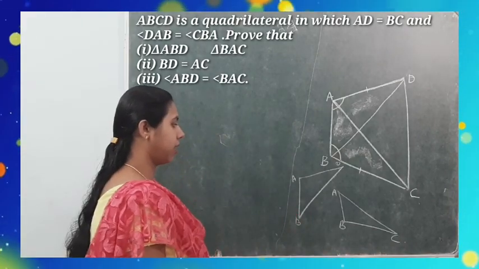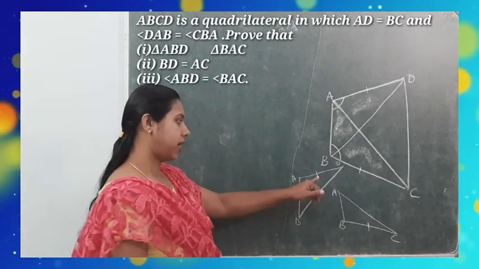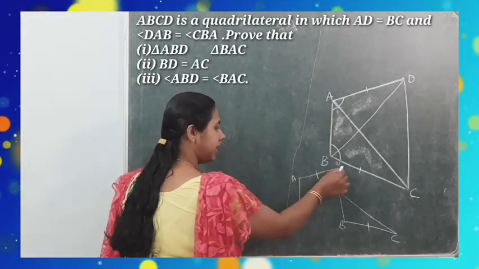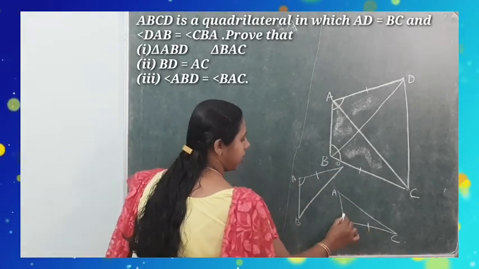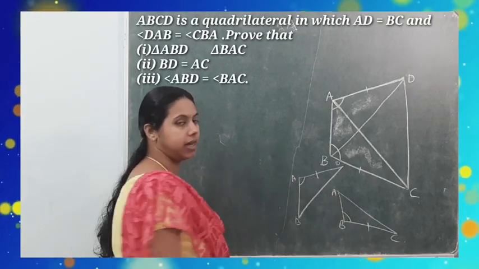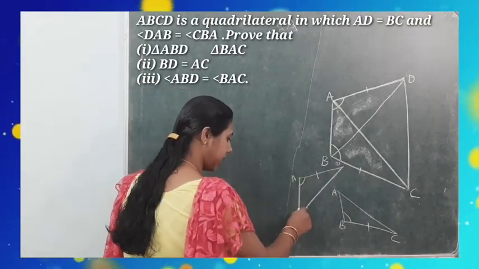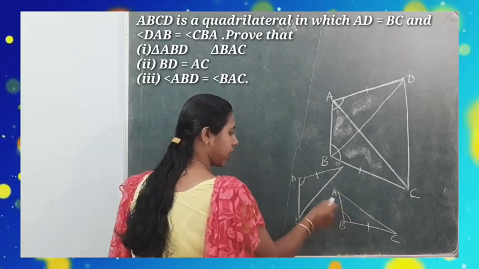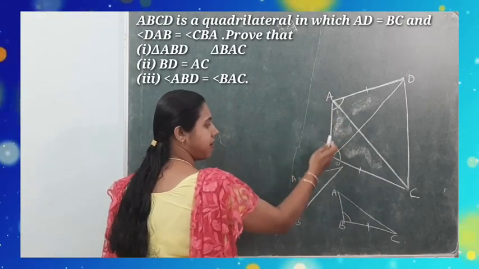It's given for you AD equals BC. One side of this triangle is equal to one side of the other triangle. And angle DAB equals CBA. So these two angles are equal. And in both the triangles there is a common side AB. So both the triangles have the same base.